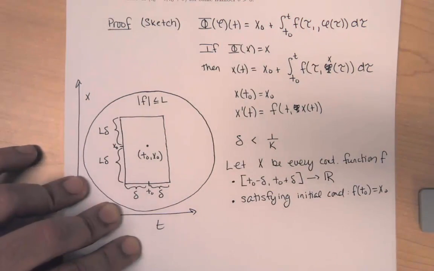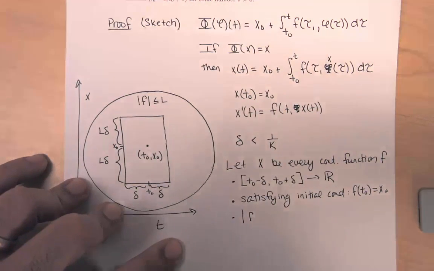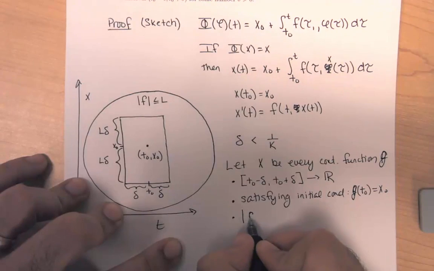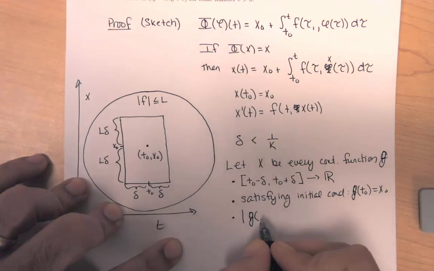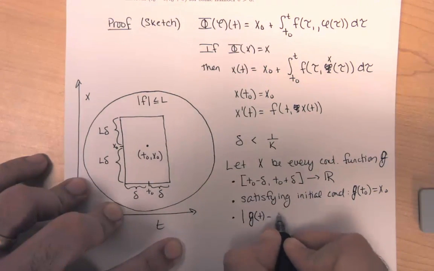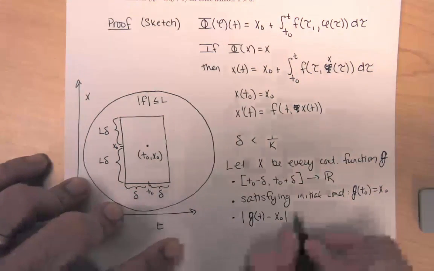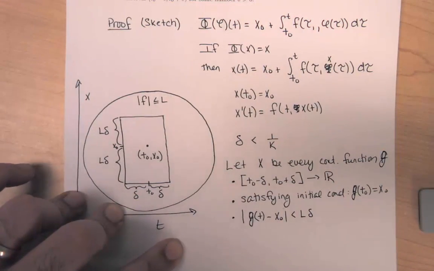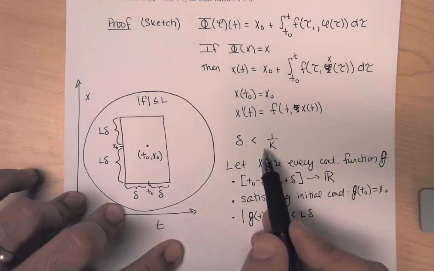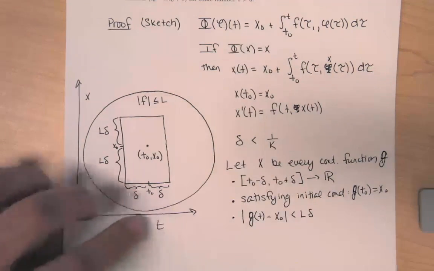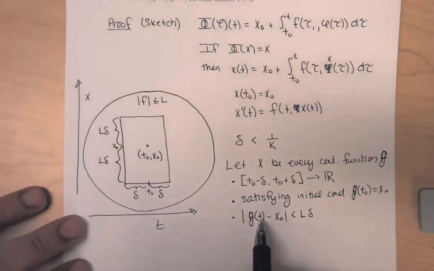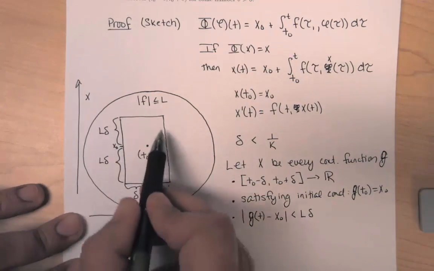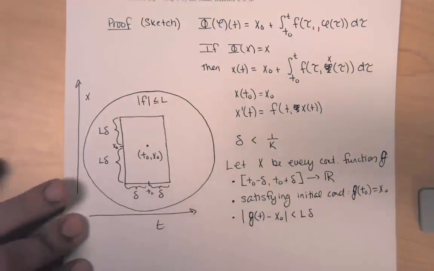Alright, so the initial condition is satisfied. Oh, I shouldn't call it f because I already have an f. Let's say g. And the absolute value of g of t minus x naught is less than L times delta, where delta is chosen to be less than 1 over k. Of course, that means because g of t minus x naught is less than L delta, g is specifically inside of this rectangle as it passes through here.